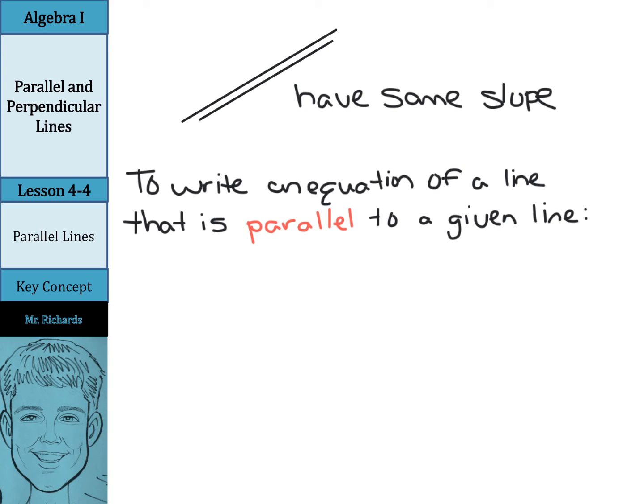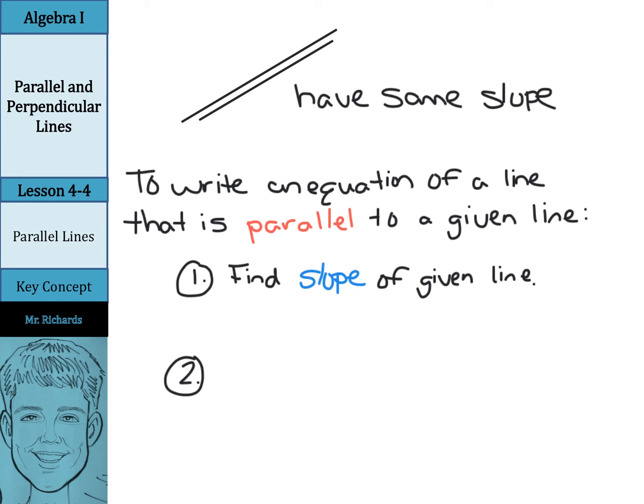Of course, it gets a little bit more complicated than just having the same slope and not touching. To write an equation of a line that is parallel to a given line, we're going to do two things. The first thing is that we're going to find the slope of the given line.